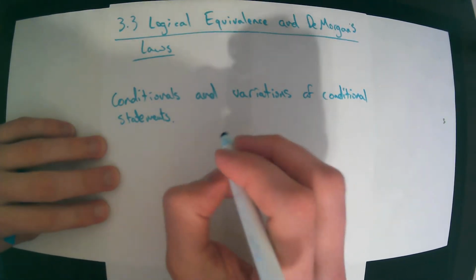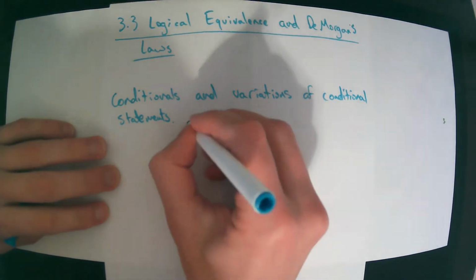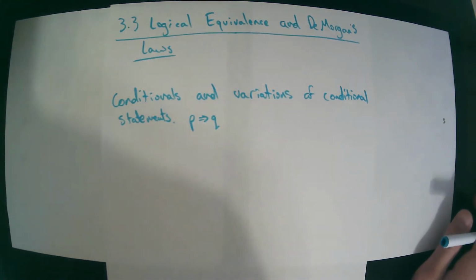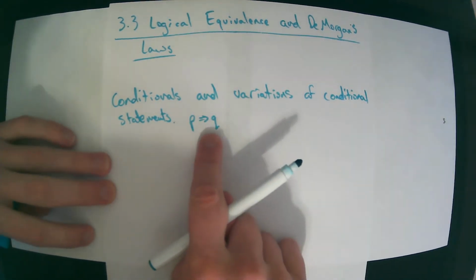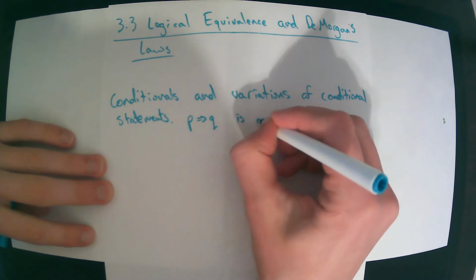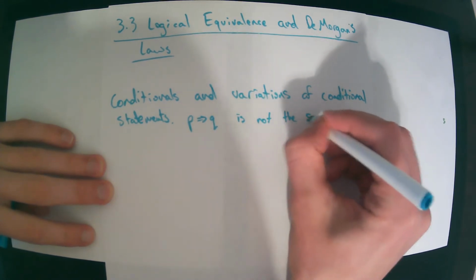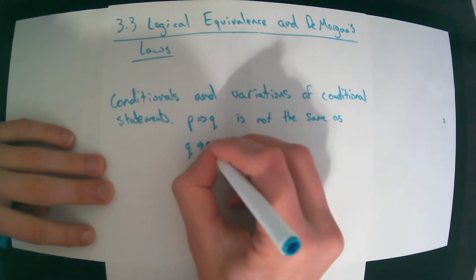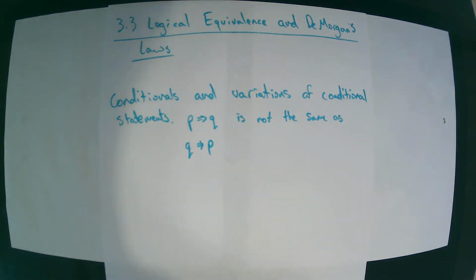So remember, a conditional statement is the if-then, so P implies Q. Now, one of the biggest things to remember is that P implies Q is not the same as Q implies P. These statements are not logically equivalent, which we're going to officially define in this section, so we'll do that later.